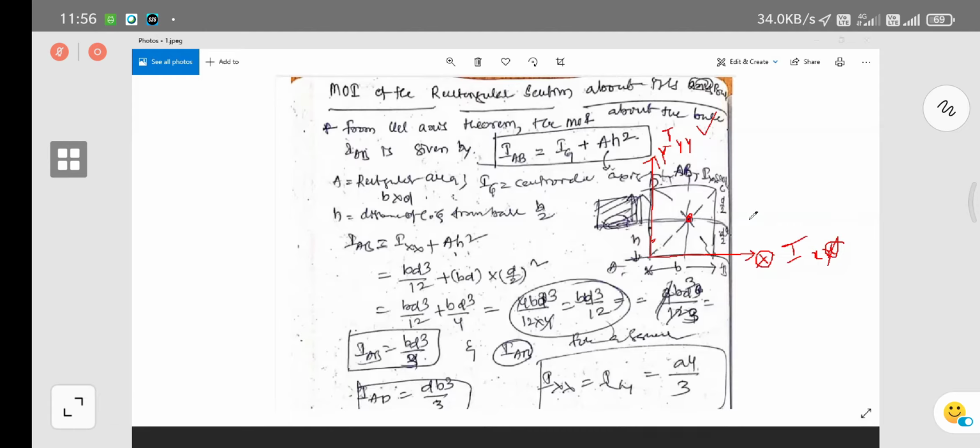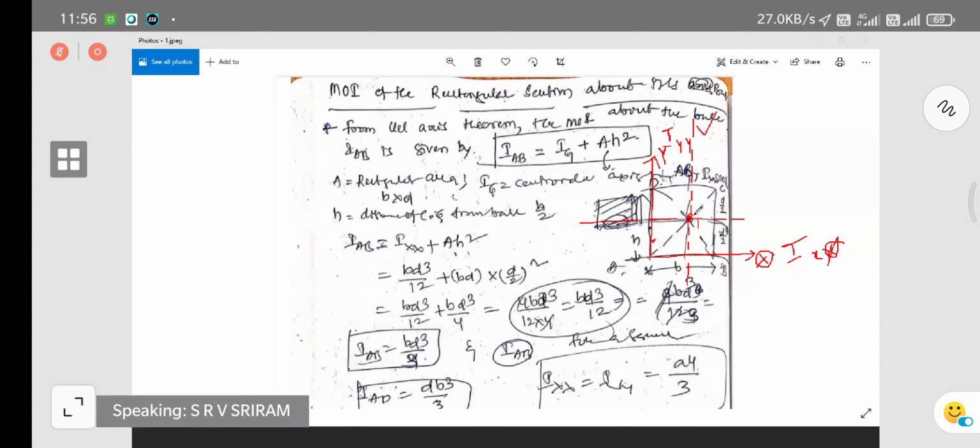But in another case, we find the moment of inertia by considering the centroidal axes of the geometrical figure. What are the centroidal axes? They are the axes which pass through the centroid of the geometrical figure.